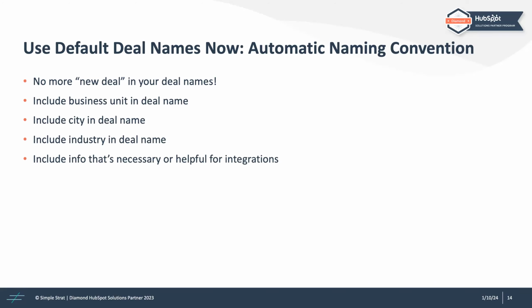So if the deal name needs to be something specific to support integration, or because you're going to view that data in an integrated software application and you want that deal name to mean something for you in that context, you can do that here. These are just a few examples, but pretty much any naming convention you have, as long as you can base it on properties, you would be able to do with this private beta.